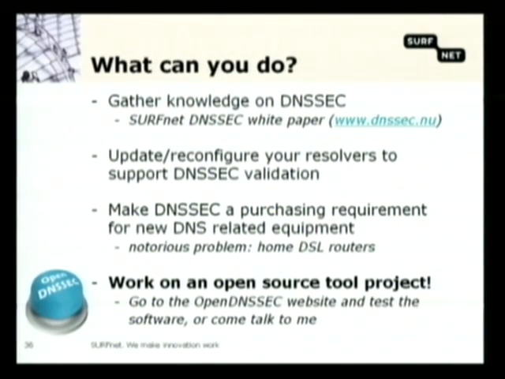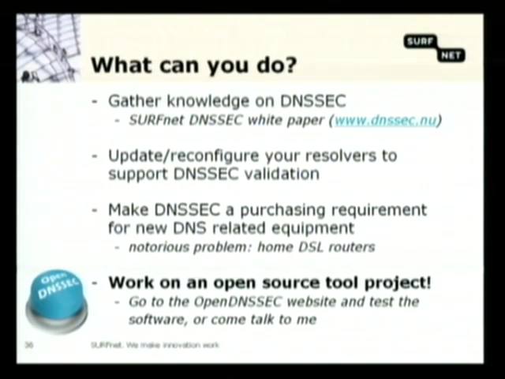We've written a paper about this which explains the technical details of DNSSEC in brief. There are some paper copies here in front of the room, but you can download it from the URL that you see here as well. You could update or reconfigure your resolvers to actually start doing validation, and it will really help if we get some data on what is actually happening on the internet.